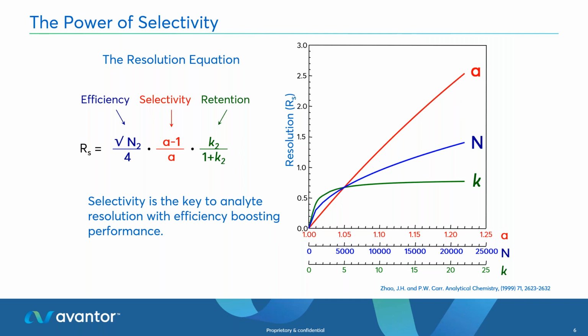So the efficiency, the selectivity, and the retention are all potentially changed by our mobile phase. So if we change the mobile phase, we will change the resolution between our peaks. We will change where these peaks come out and how far apart they are.